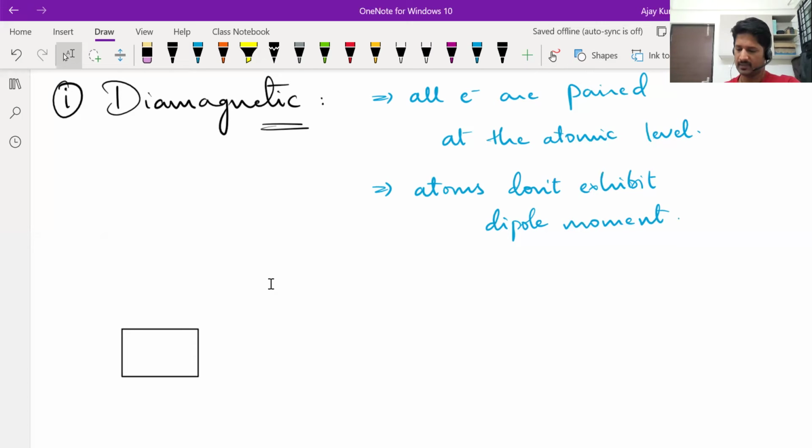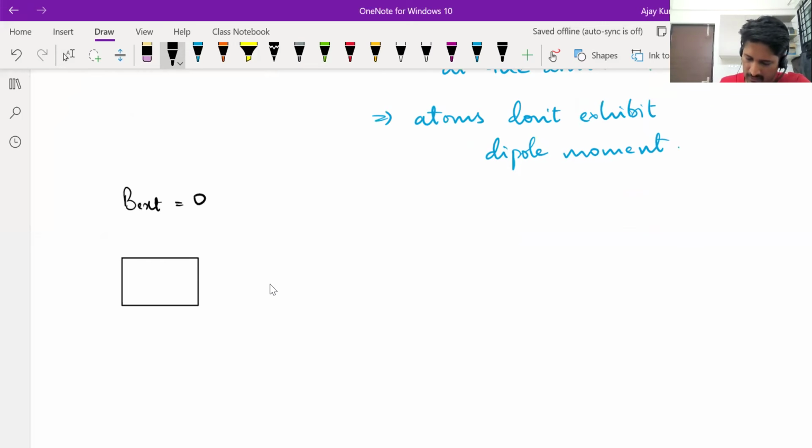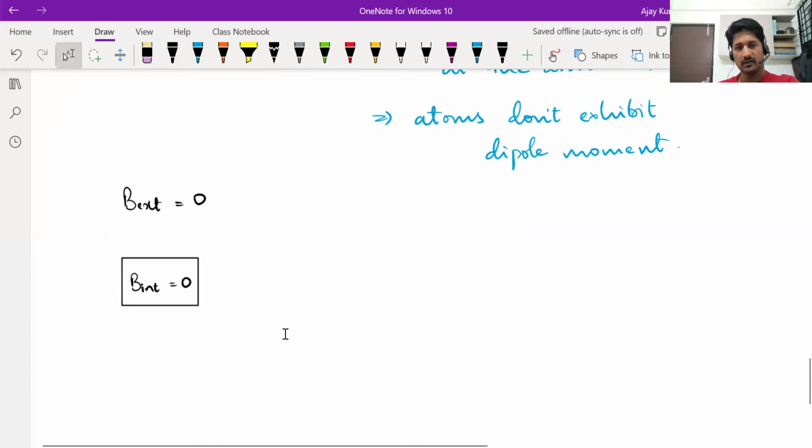When the external field is zero, the internal field naturally will be zero, and the material does not produce any magnetism at all. There are atoms and electrons, but the field produced by each electron is cancelled by the field produced by other electrons in that atom itself.